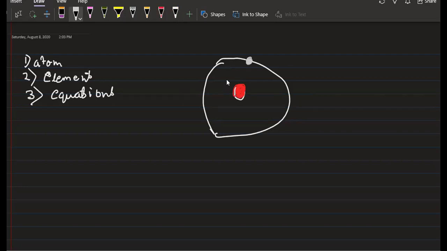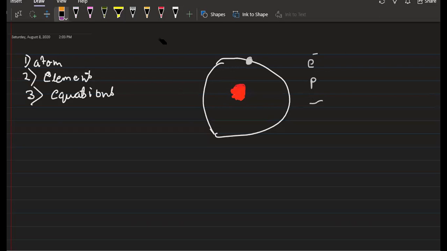Now the question is, what are they called? That's my question. What are they called? No, not molecule. Yes, very good. So some of you might know the atom is composed of three subatomic particles. Yes, Tavishka, electron, proton, and neutron.